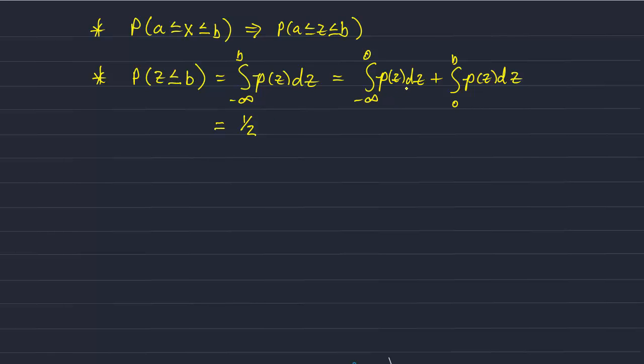Again, half of the PDF was to the left of 0, the other half was to the right, so this term gives 1/2. And then the second term is the integral from 0 to b of e to the minus z squared over 2 dz.